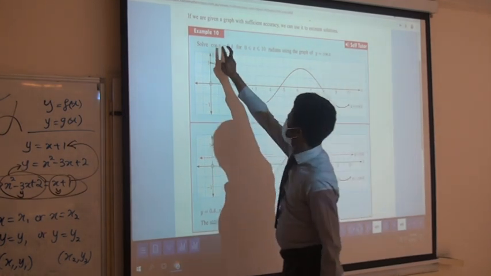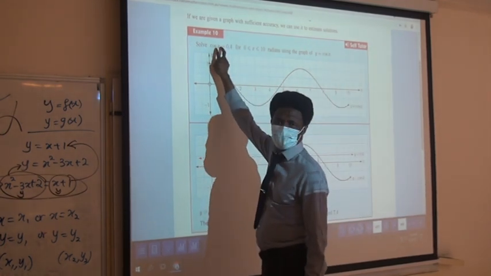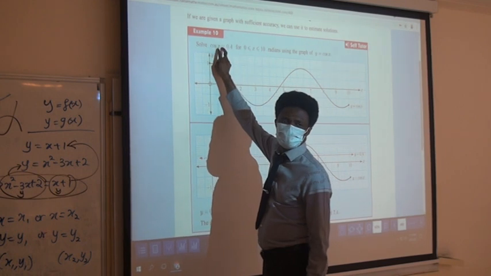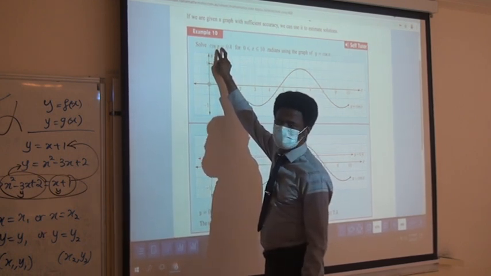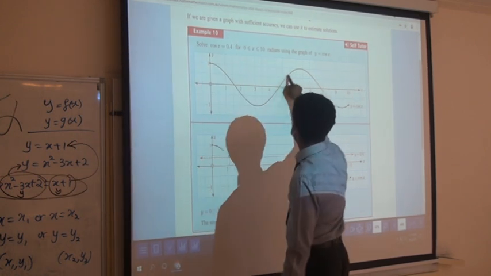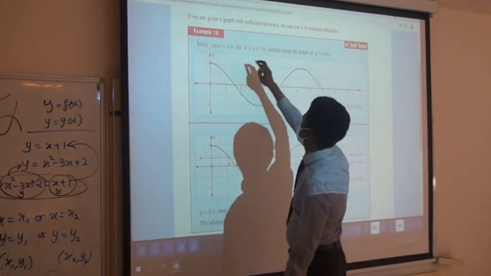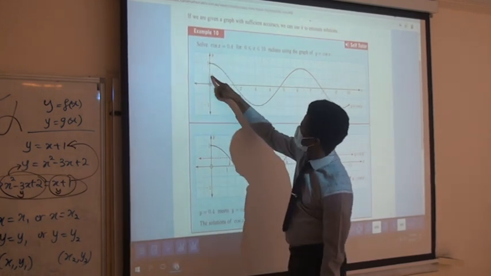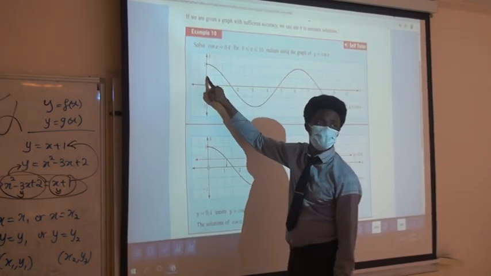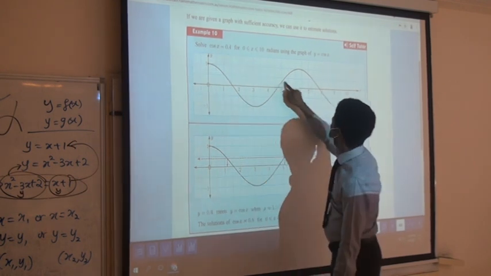So, this is always going to be given or expected to be found with your calculator. The graph is plotted already. All we have to do is plot the graph of y equals 0.4. This is 1, this is 0.5, so this is 0.4. Just draw the line y equals 0.4.